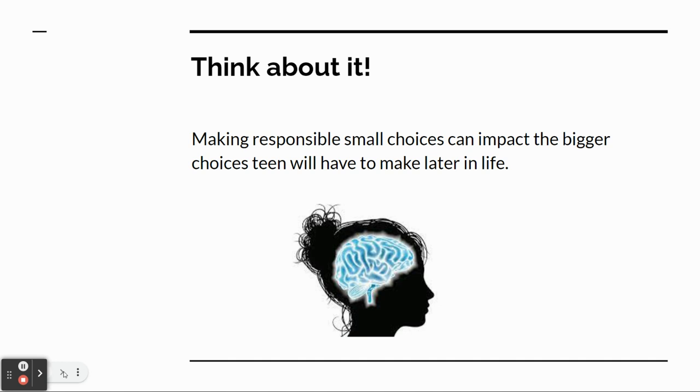So the more chances we can give to these students to make these small choices in a supported environment, the better off they will be when they get out into the world and have to make very big choices later in life.